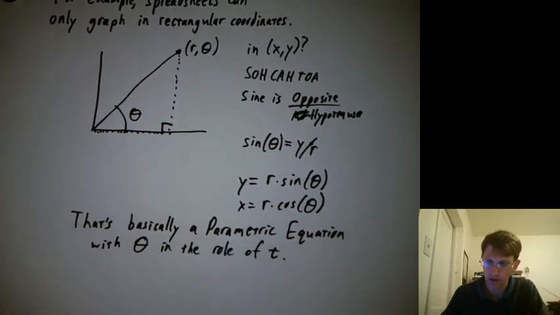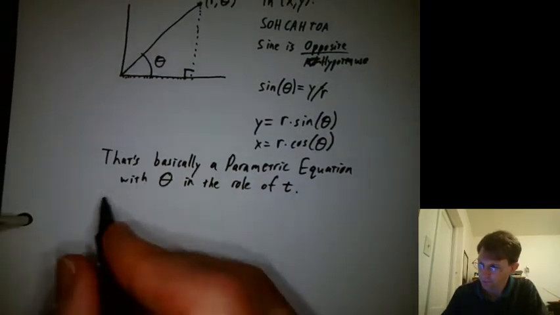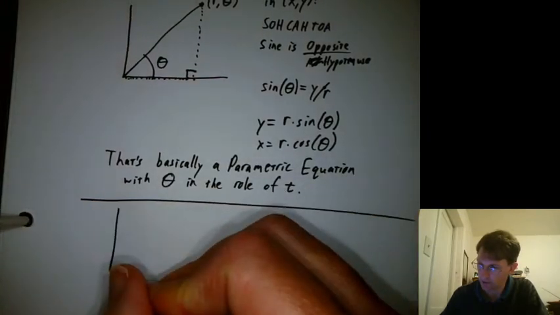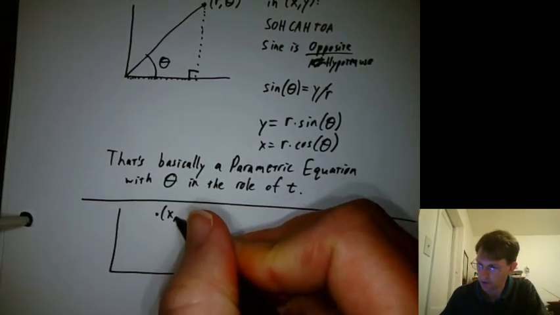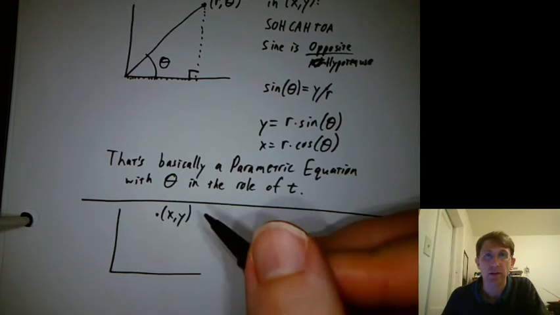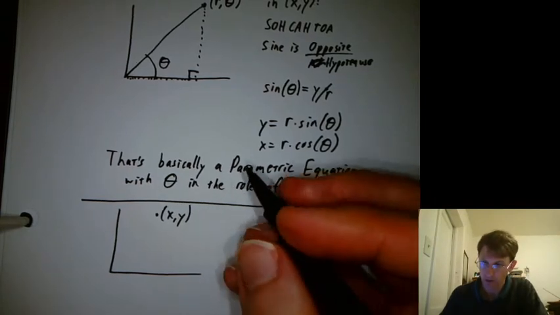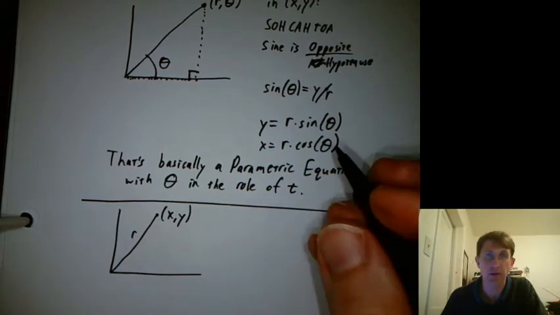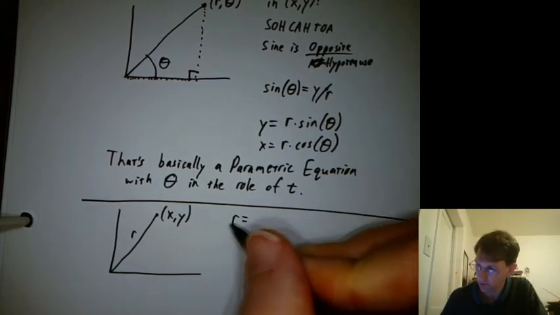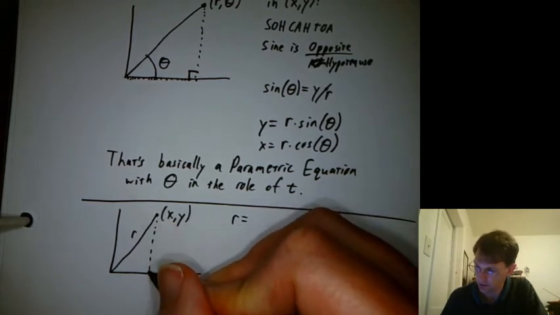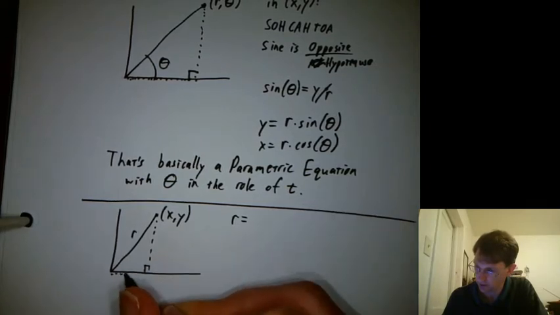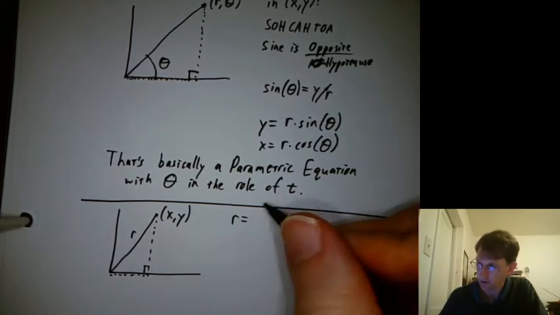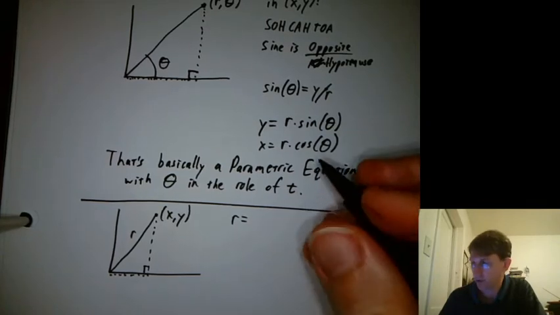How about going the other way? What if I have some point x comma y? What is its polar form? The radius you can probably get without too much trouble. You again imagine a right angle triangle there, and the radius you can just get from the Pythagorean theorem.